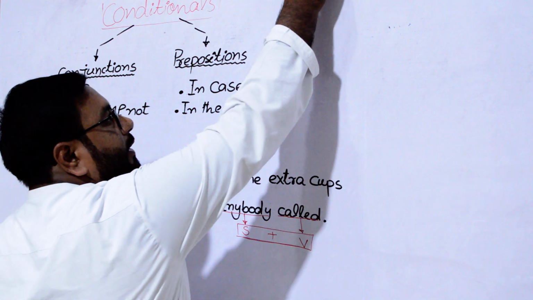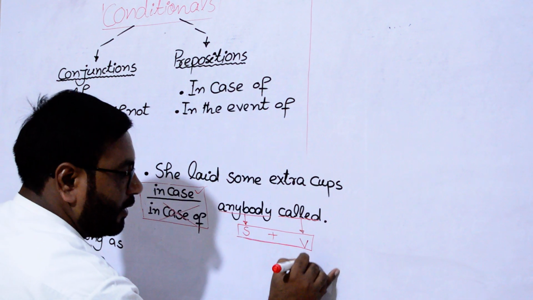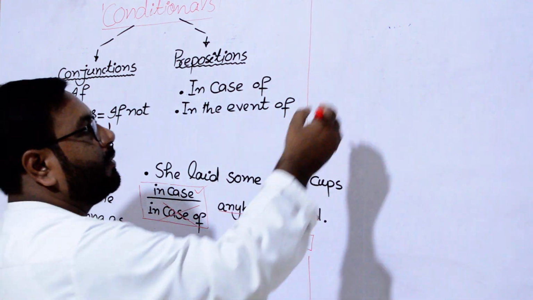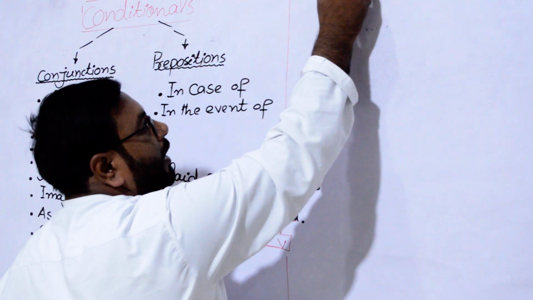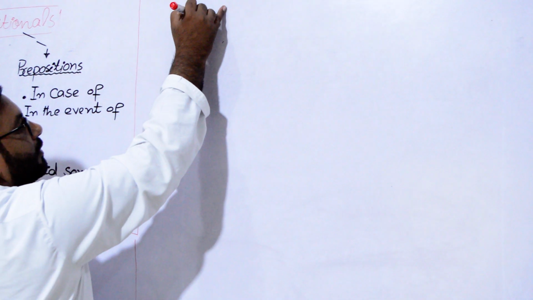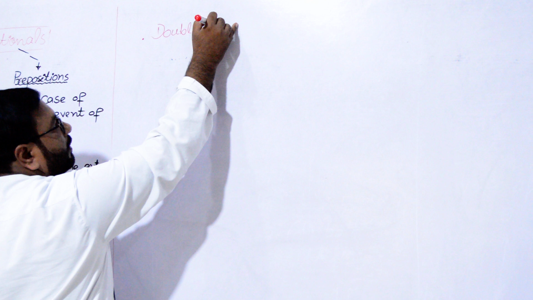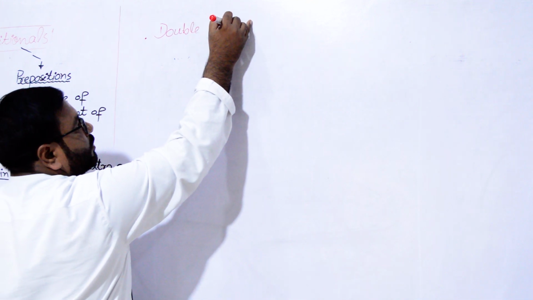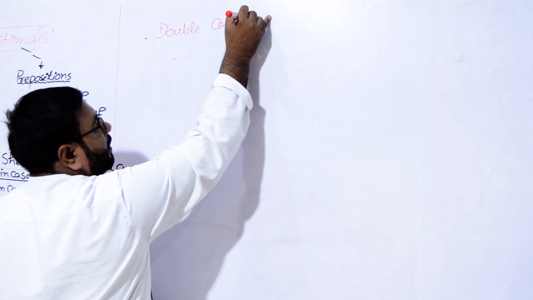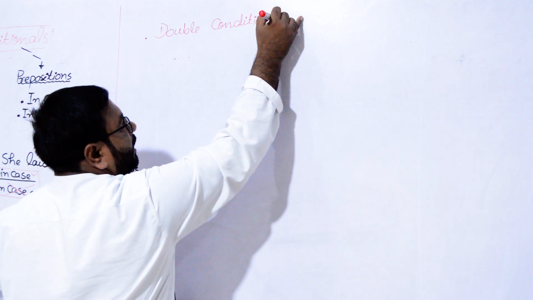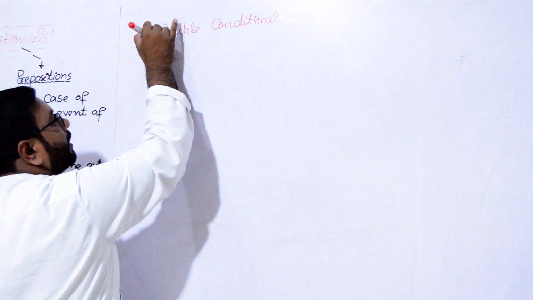The next mistake that is very common with the examiners is using double conditional. The examiners are used to making a mistake called double conditional.